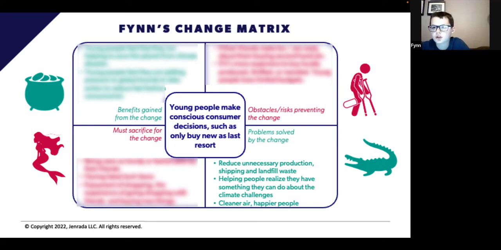So a problem solved by the change: reducing unnecessary production, as Lisa's already said, shipping and landfill waste. Anyone here, as I've already seen, who has done anything to do with TOC would understand that the reducing of unnecessary production is a very important step within a company. And just within everyday people's lives.